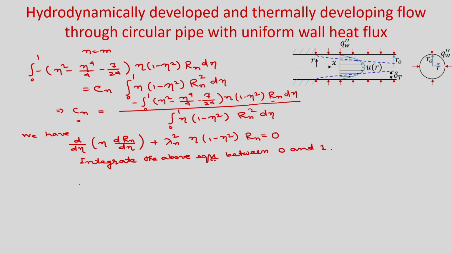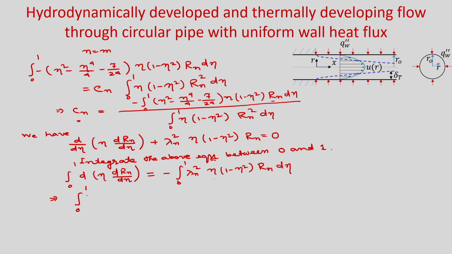If you integrate, you will get integral 0 to 1 of d of (eta dR_n by d eta) equal to minus integral 0 to 1 of lambda_n squared eta (1 minus eta squared) R_n d eta. So, this equation you just write in the left hand side.